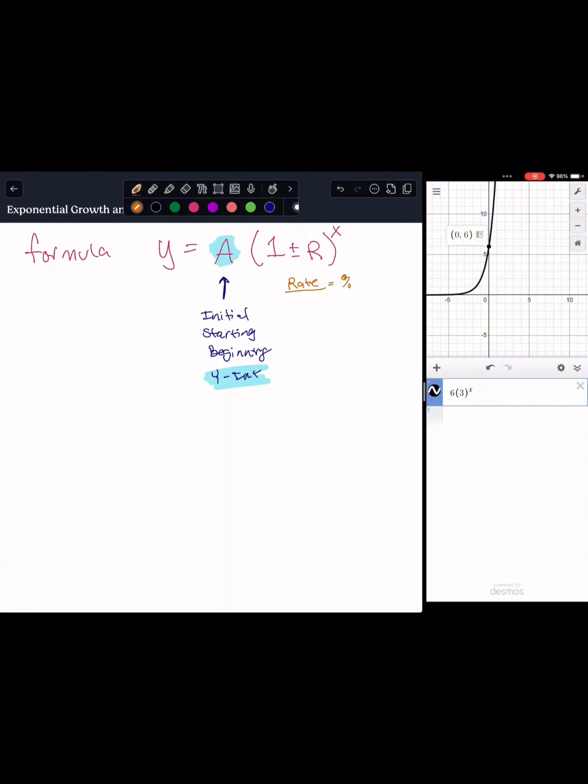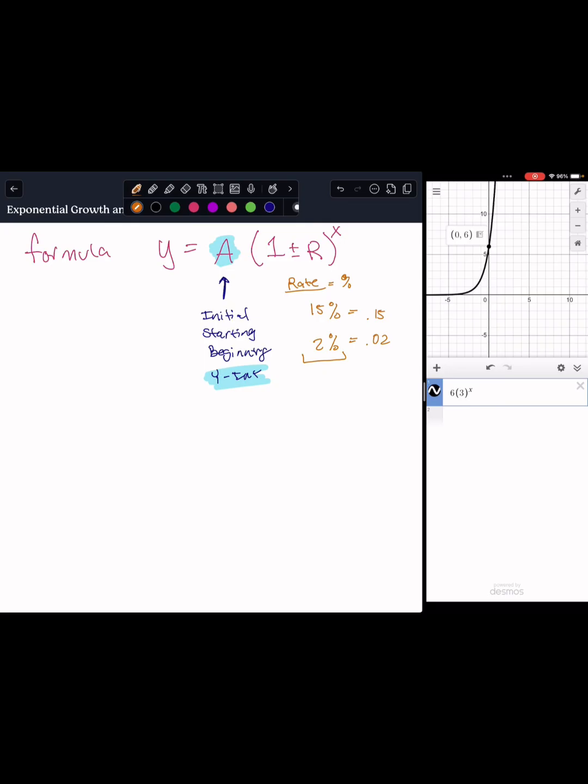So if your rate is 15%, that equals 0.15. If the rate is 2%, that's 0.02. Think of this like money. 2 cents is written as 0.02. 15 cents is written as 0.15. Okay?